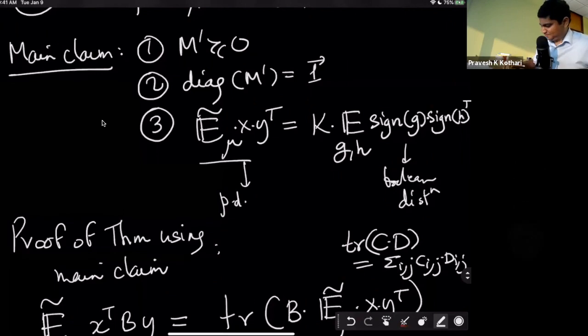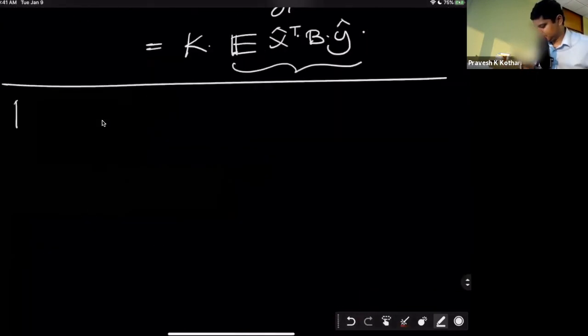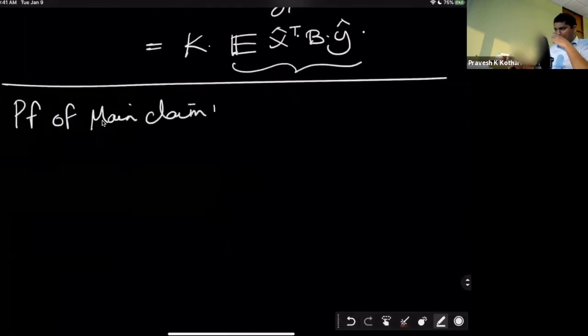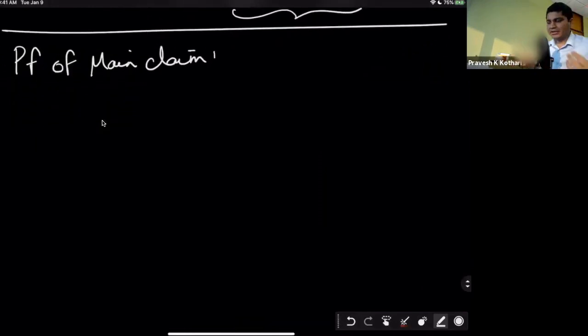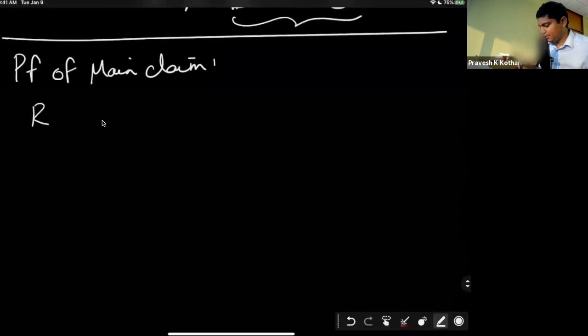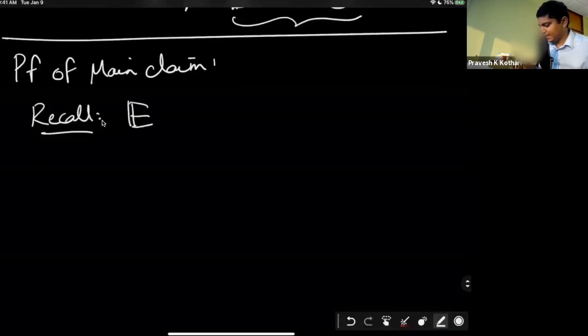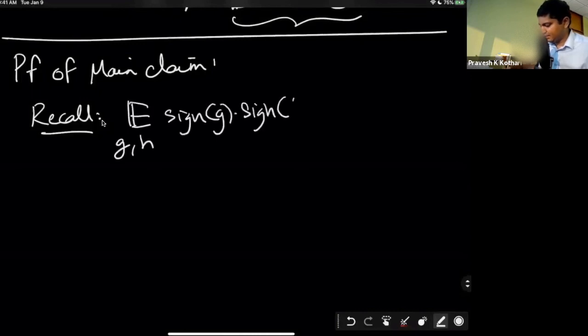So let's prove it. Let's actually do it in reverse so that we discover why we are choosing the modification in the way we are doing. Let's try to understand what this M prime should have been. M prime was the covariance of these Gaussians G and H. Recall the expectation over G, H of sign of G sign of H transposed.